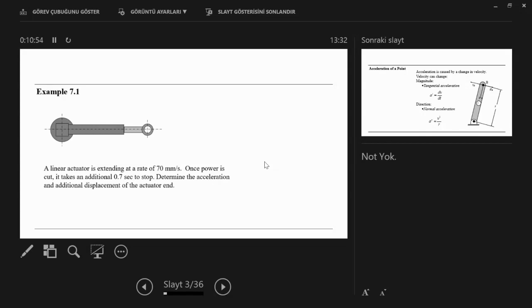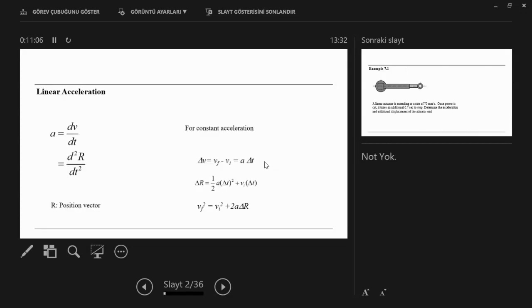So that's the question here. For that, we can use the equations here. So delta R is equal, we can write here.